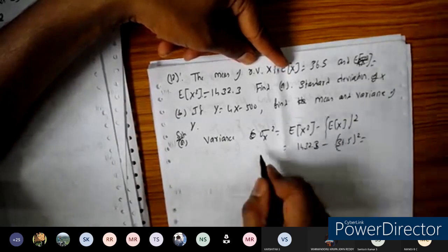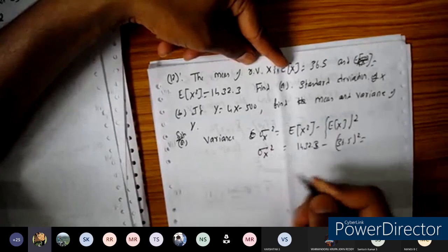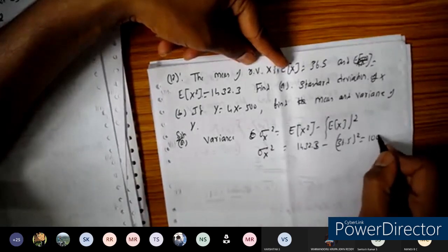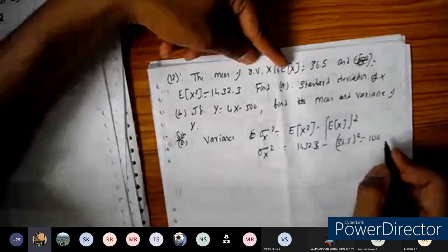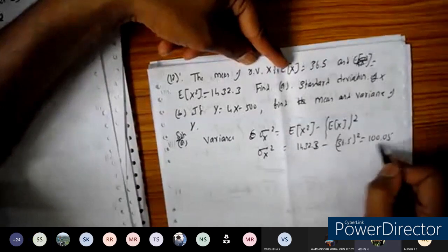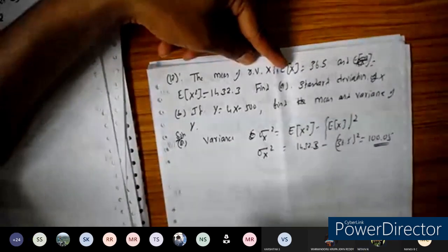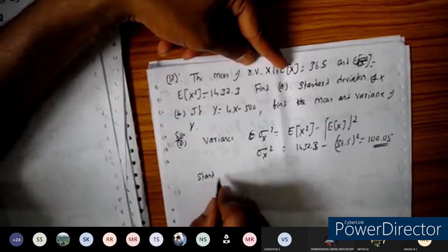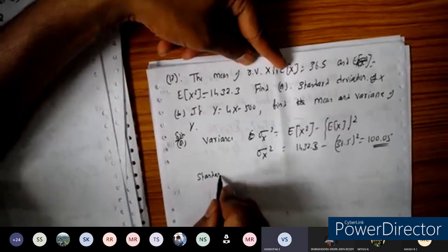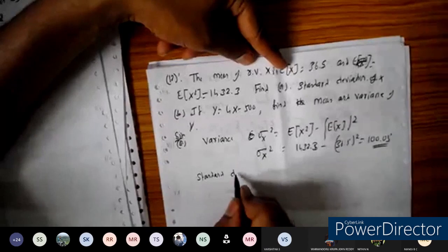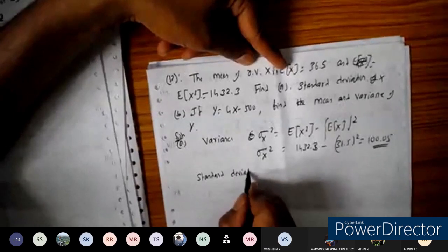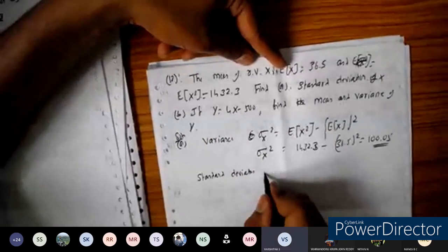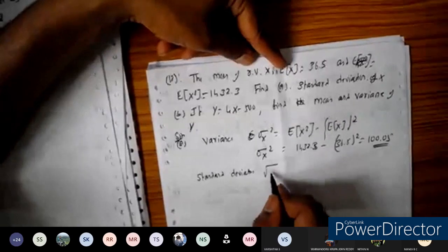How much will we get? 100.05. Very good, excellent. So everyone got the answer, no? Already we have done this.